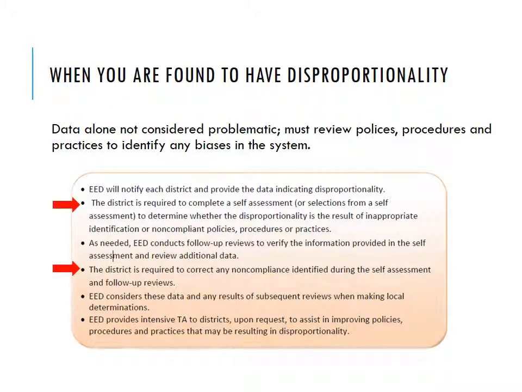It's important to reiterate at this point that the numbers alone that are being given to you through this report are not enough to identify any biases in your system of special education identification.